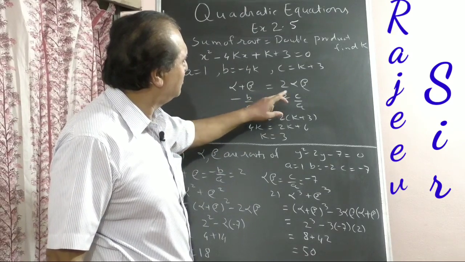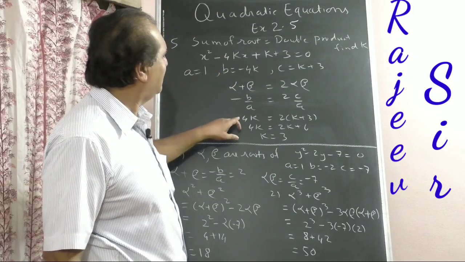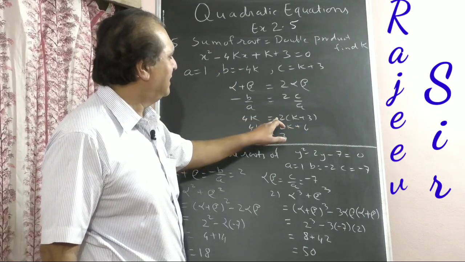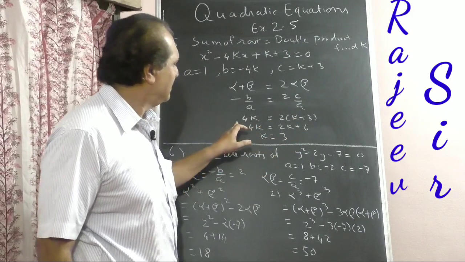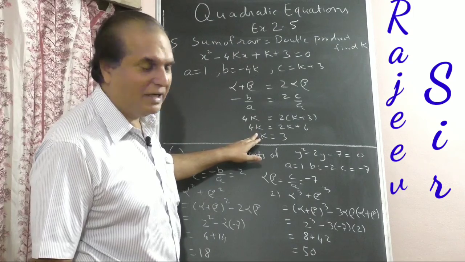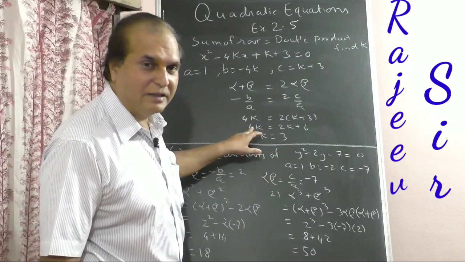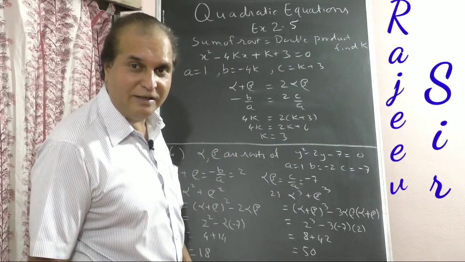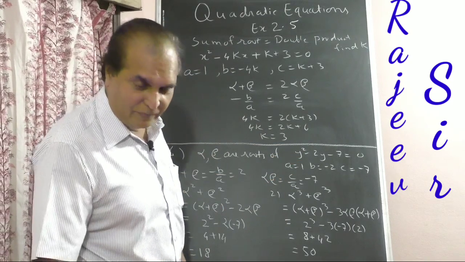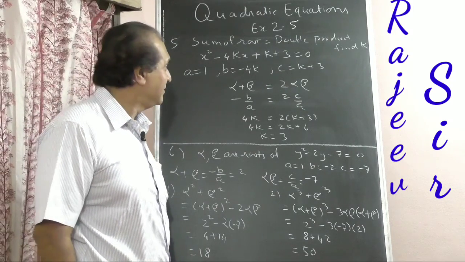Minus b equal to 2c. b is minus 4k, so minus b is 4k. 2c is 2 into (k plus 3), that is 2k plus 6. So 4k equal to 2k plus 6, 2k shifting this side, minus 2k. 4k minus 2k is 2k equal to 6. k equal to 2, 6 divided by 3... k equals 3. Simple equation this is, you get the answer. And marks also, if you do it correct in exam.